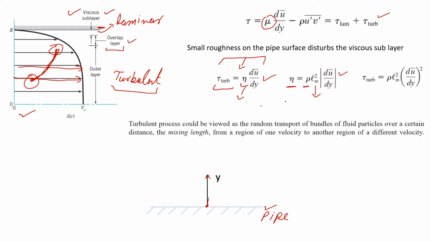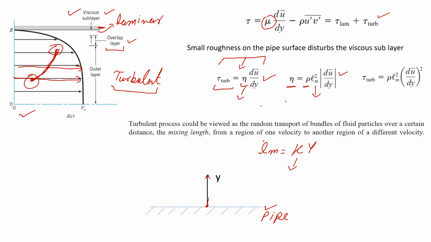Means that if a flow is turbulent, then the particles will travel over a maximum length from one velocity region to another low velocity region, and as such. So he came up with an equation for that, the mixing length Lm is equal to ky.